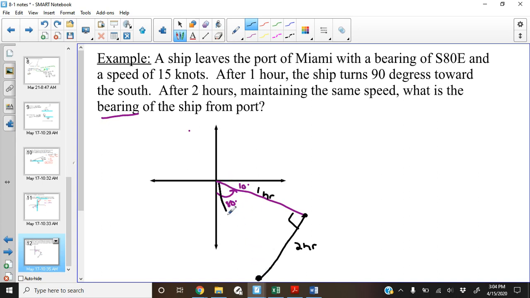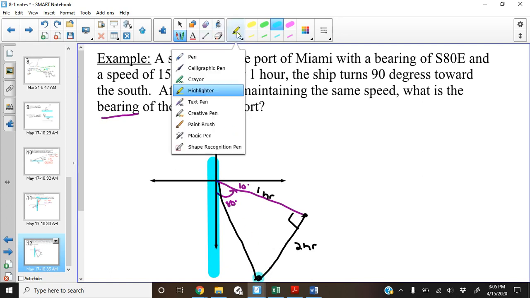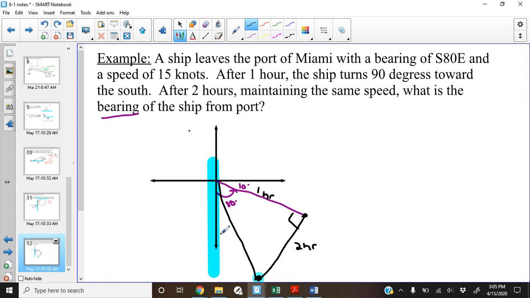So after 2 hours, we want to know the bearing at this point. So we need to draw in our triangle. Well, our bearing is going to be from the vertical line to that point right here. So we need to find this angle. Okay.